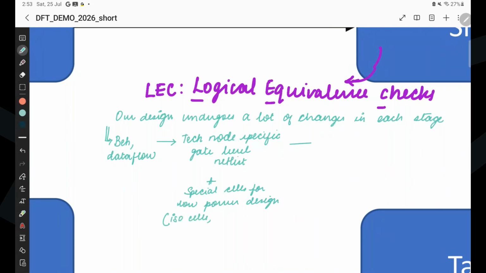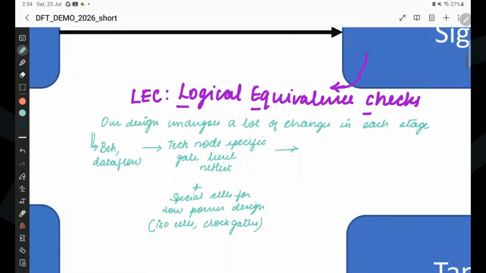And the DFT team will also be adding their own test structures. So DFT test structures are added.